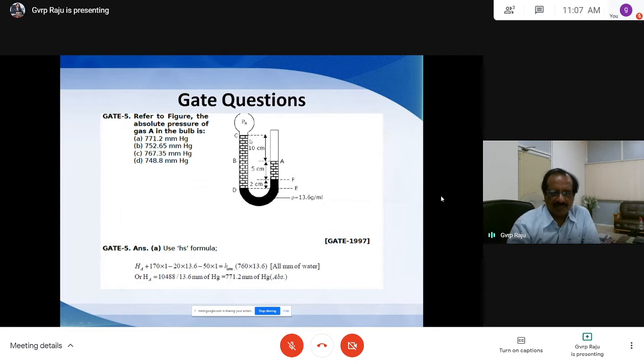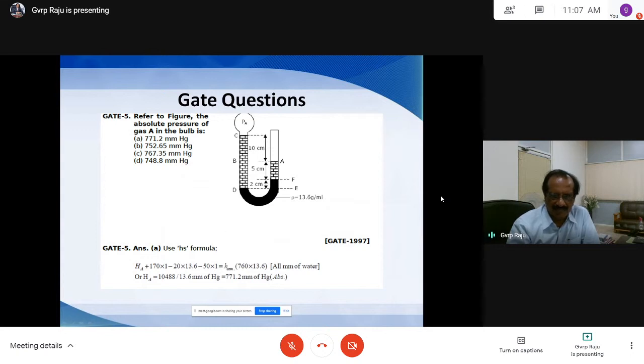So when you are going down, the sign is positive. So HA plus. Again from here, you reach this stage. While you are going up, the sign is negative. So minus. In place of 2, it is 20. The specific gravity of the mercury is 13.6. So 20 into 13.6. And again from here to top, as you are going up, the sign is negative.